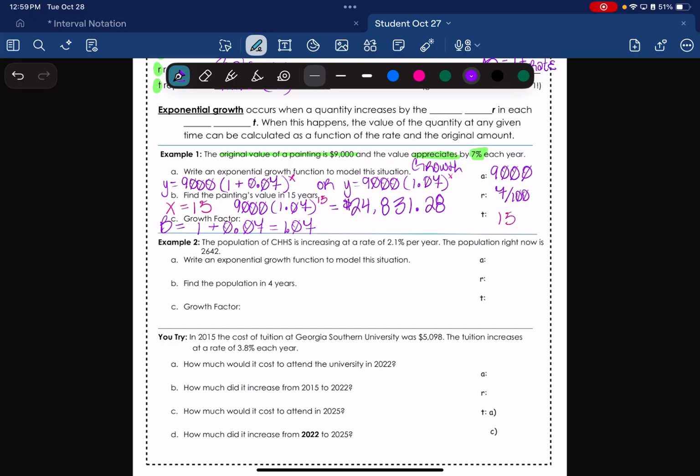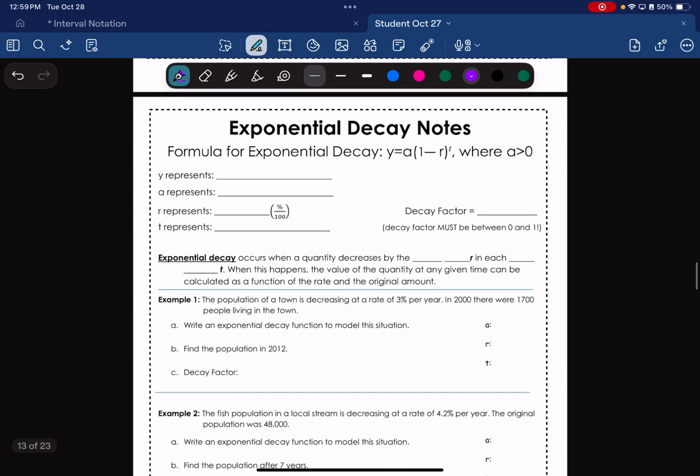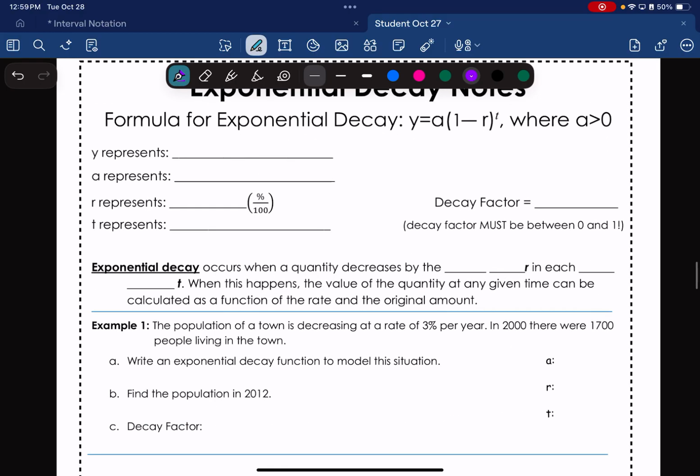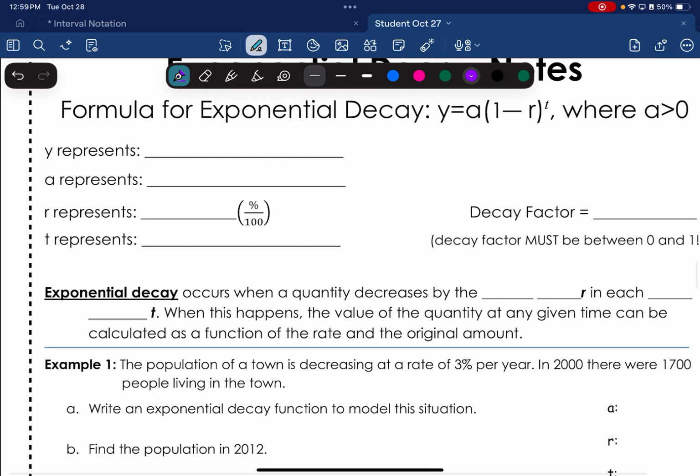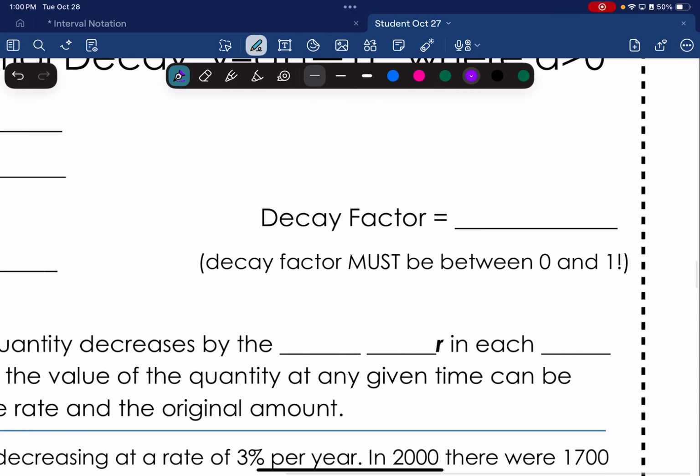So again, that was specifically exponential growth. Turn the page. We're going to now look at exponential decay. So again, our values are all the same. A is your initial value. Your R is rate. T is time, which is also represented as X. Y is your new value after time.